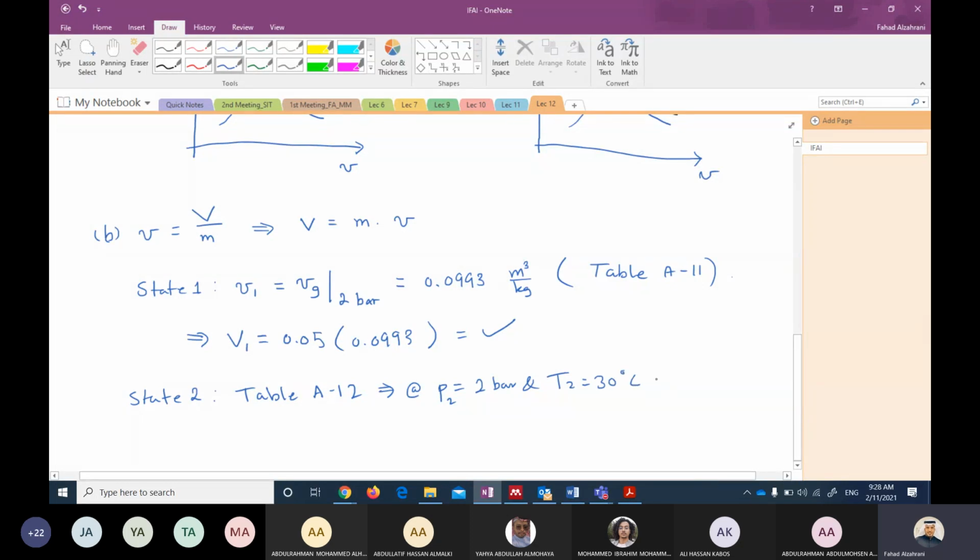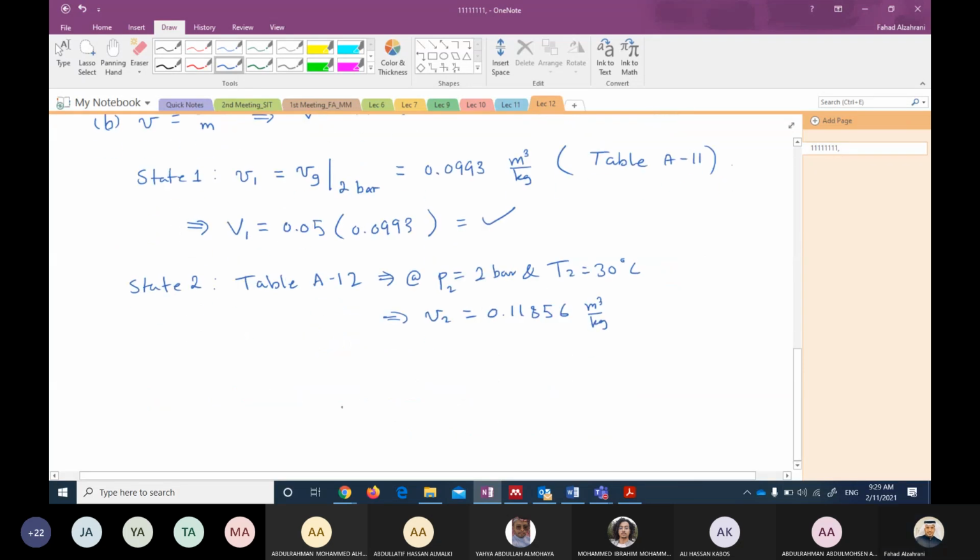What is the specific volume? 0.119. 0.11856. Yes. 0.11856. This is correct. Meter cube per kilogram.